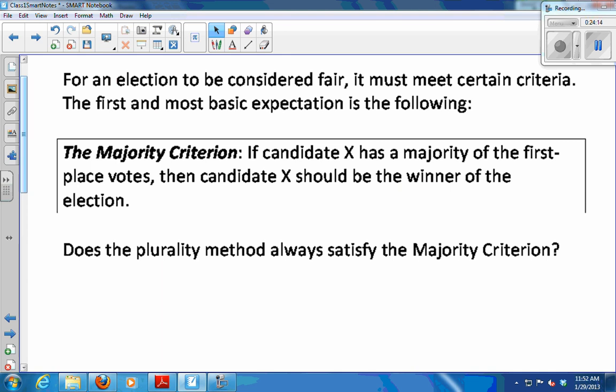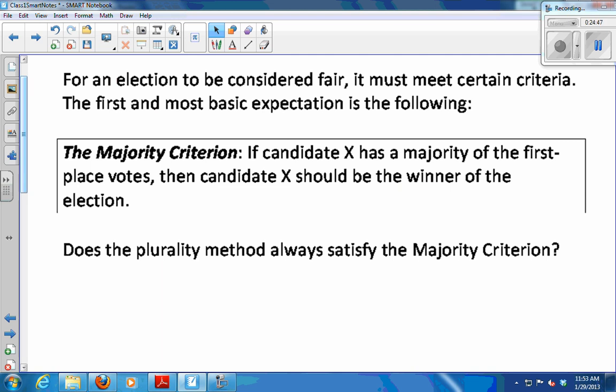Does the plurality method always satisfy the majority criterion? Why not? Last election, won by winner take all. Correct. Yes. In our presidential election system using the Electoral College, it is possible to get a majority of the popular vote and lose the election, right?